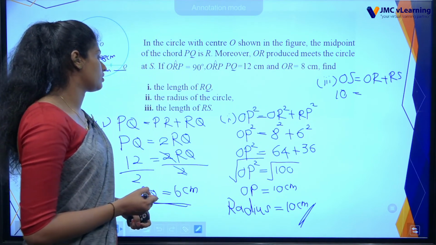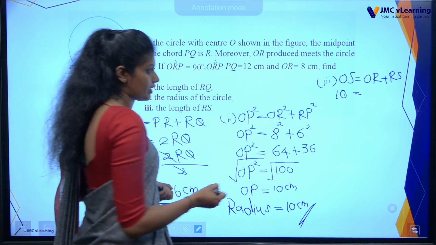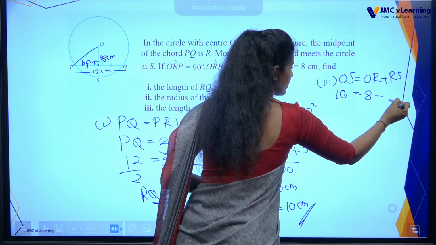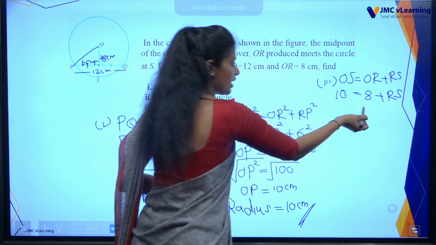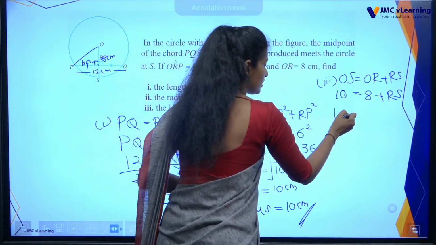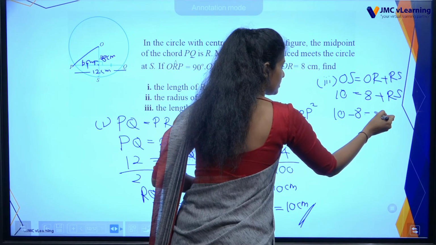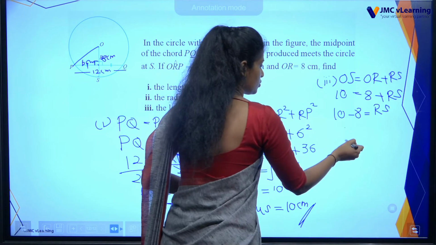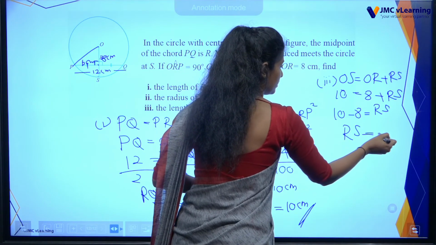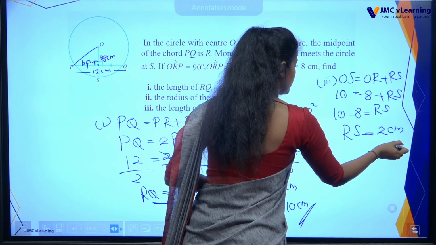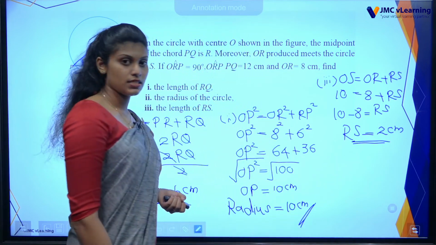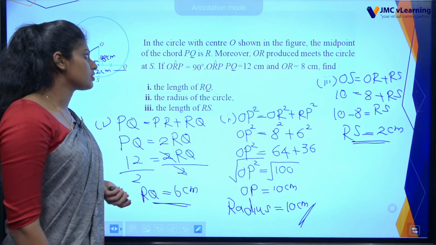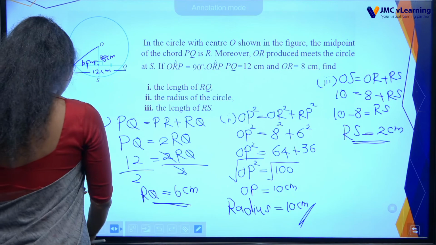And OR is 8. We have to find RS. Then let's take this 8 to the left hand side. Then 10 minus 8 is equal to RS. So what is the length? It is 2 centimeter. So this is the way to find the answers using the Pythagoras relation.